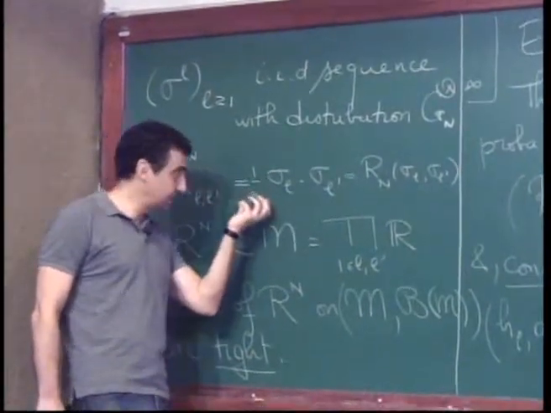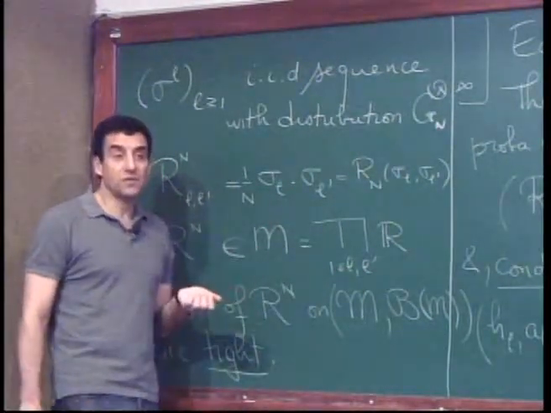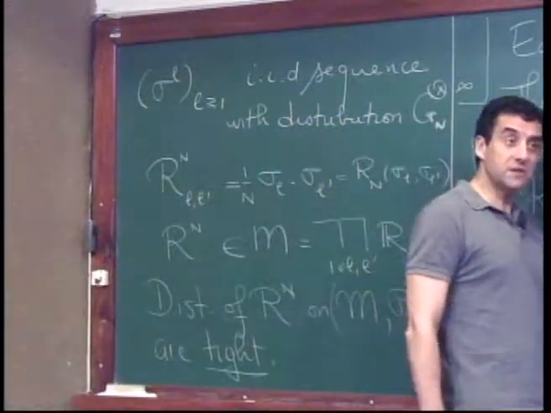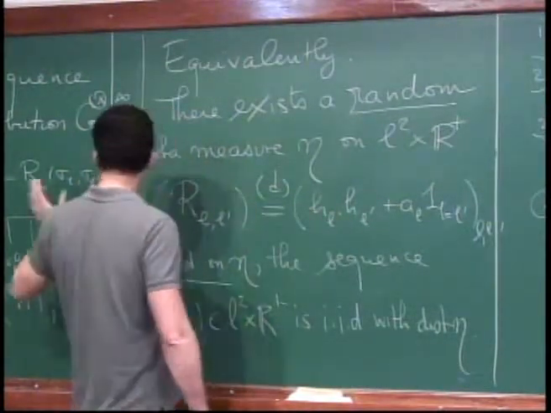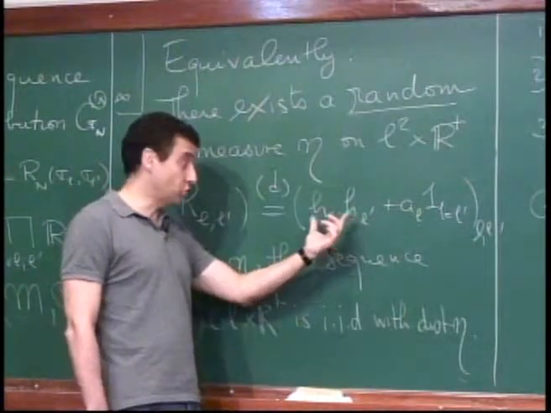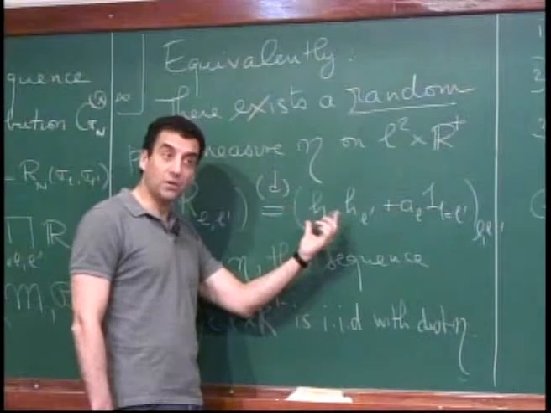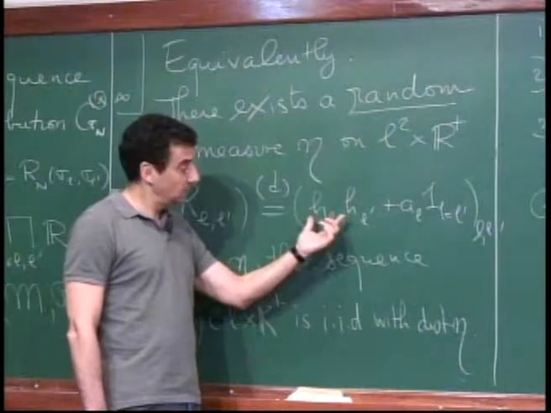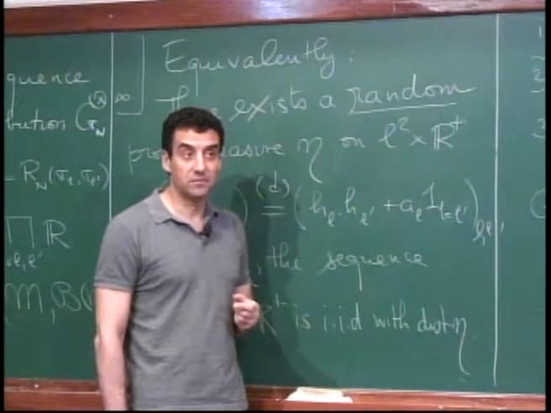Once you put this normalization by n, the overlaps stay bounded, you stay on the unit sphere, and then of course you have a chance of having a limit. So here we have these guys. Obviously, this is general, but in our case, when these guys have a norm bounded by 1, these will also have the same thing. So the support of the distribution of these guys will obviously be in the unit ball of L2, not necessarily the unit sphere. And so you have the same thing, except that you have to add something on the diagonal, maybe.